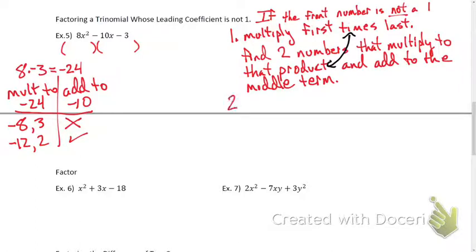So step 2, make a box. A 2x2 box. First term in the first spot.